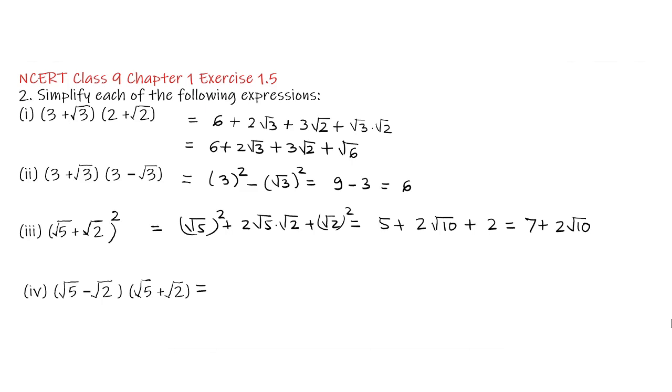So on applying the identity we get root 5 square minus root 2 square. This gives us 5 minus 2. This is equal to 3. This is the answer of part 4th of the question.